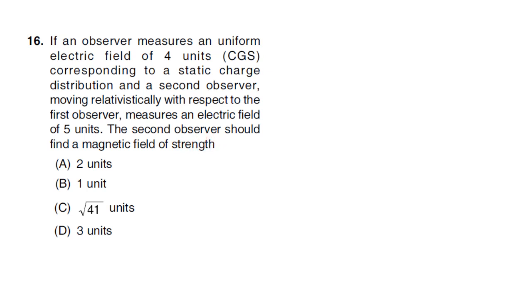Here it is given that for a static charge distribution, electric field is 4 units. With respect to the second observer, electric field is 5 units. Then we need to find the magnetic field with respect to the second observer.